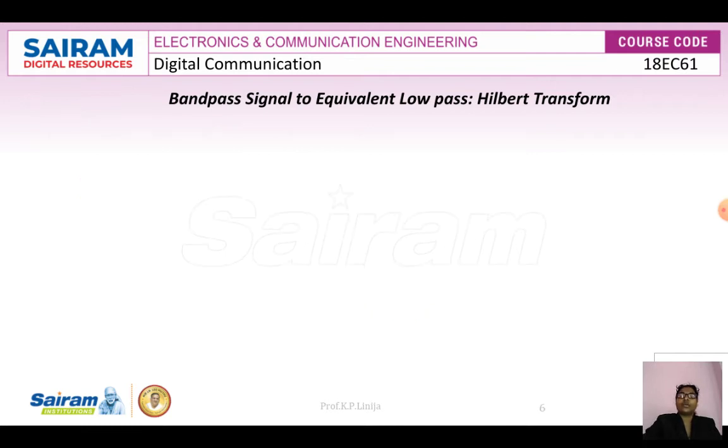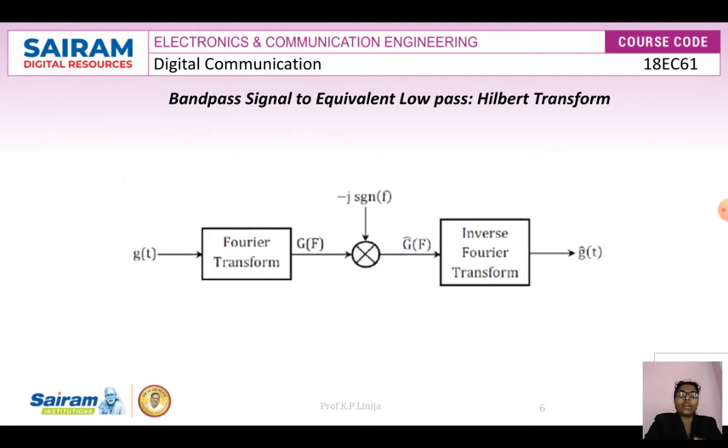Now coming to the next, the block diagram of how we are going to obtain g cap of t, that is the Hilbert transform function. The original signal g(t) is given to the Fourier transformer. We already discussed that the Fourier transform is used for evaluating the frequency content of a signal.